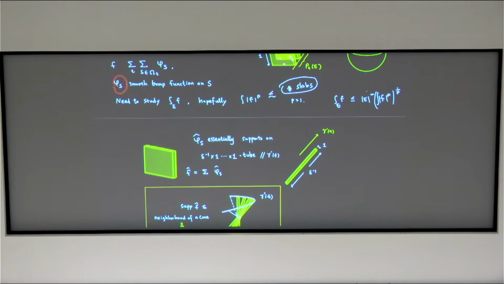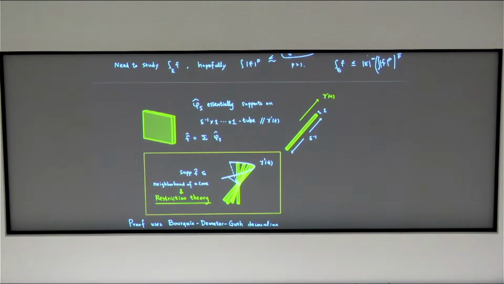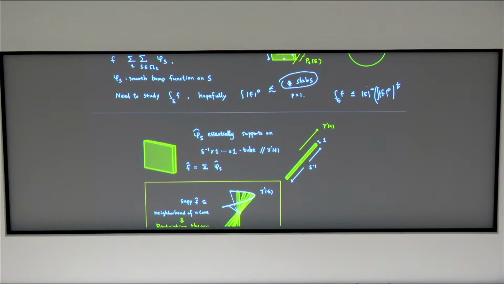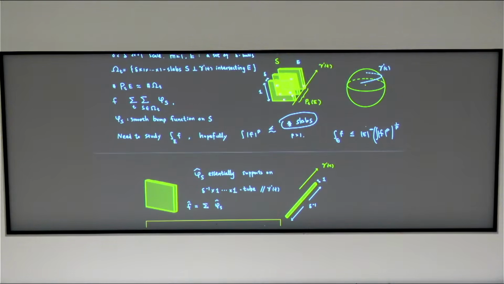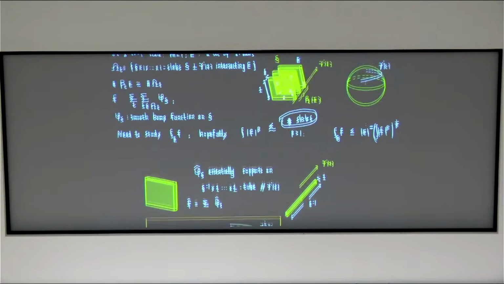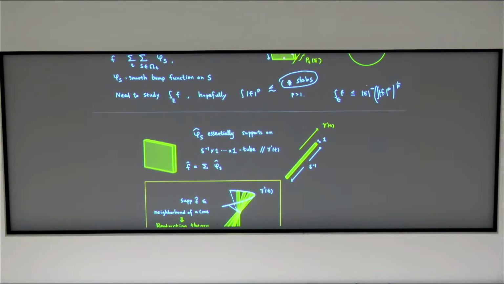So phi S is a smooth bump function on S, and then we analyze the Fourier transform of phi S. It is essentially supported on the tube that's orthogonal to the slab S. And we already know that the slab S is orthogonal to the line pointing in direction gamma prime t. And so we know that the Fourier transform of phi S is supported on the tube pointing in the direction gamma prime t. And now the Fourier transform of f is just the sum over the Fourier transforms of phi S.